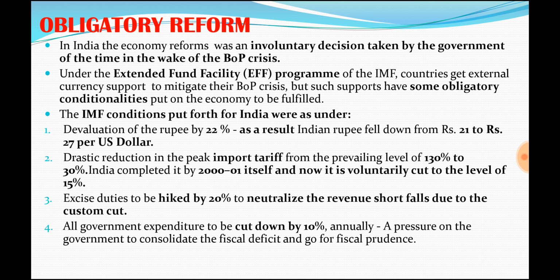The IMF also asked India to cut down government expenditure by 10%. In fact, annually it wanted the Indian government to cut down the deficits and government expenditure. So it asked India to go for fiscal consolidation or fiscal prudence.